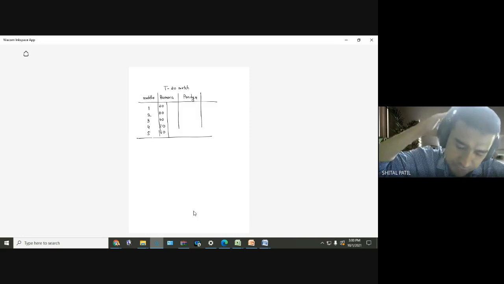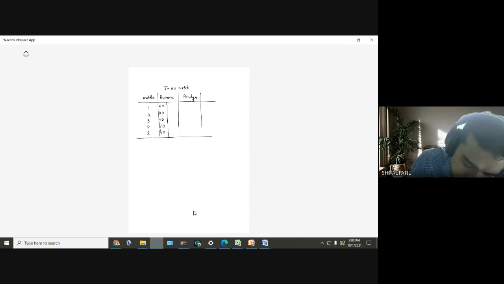Whereas runs made by Pandya are, say, 40, 55, 40, 45, and 50.